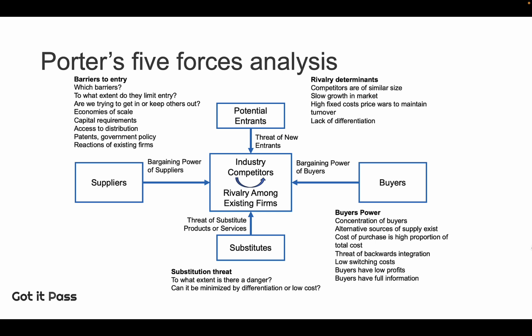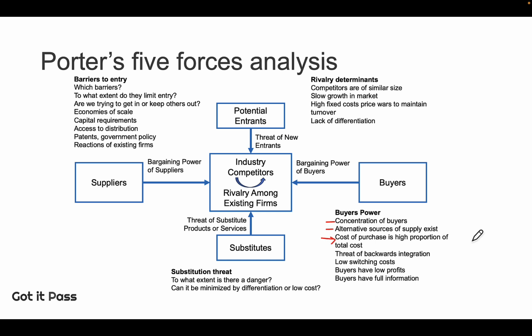And next is that alternative sources of supply exist. That means the buyers can find other sources of supply instead of just going to you. So they have stronger negotiation power as well. And third is that the cost of purchase is a high proportion of total cost.